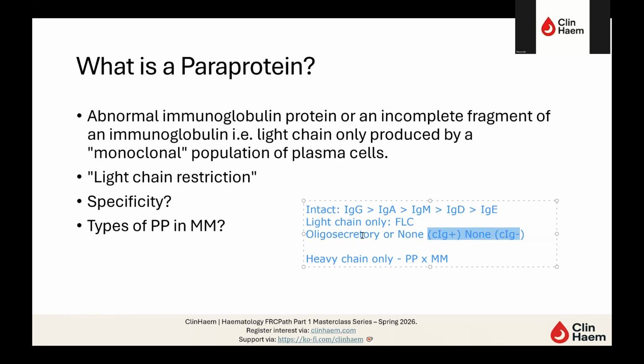These ones would require imaging to diagnose and to monitor for any changes. This is, of course, not myeloma, so we will not discuss that at the moment. So these are the caveats of all the things I've mentioned.